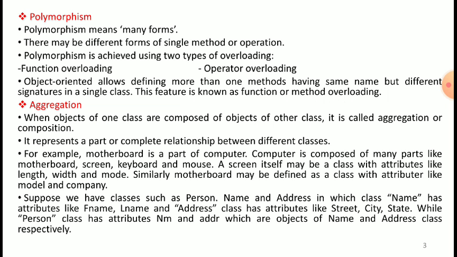Assume that we have written a function named max, that is maximum, that finds the maximum of two numbers. It takes two integers as parameters and returns the maximum as an integer value.